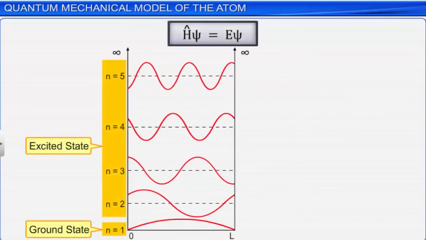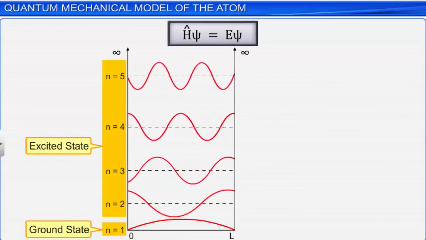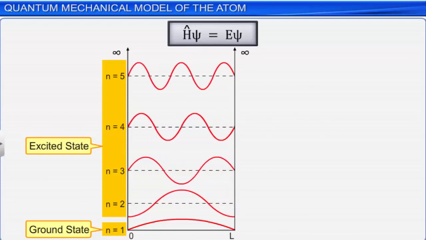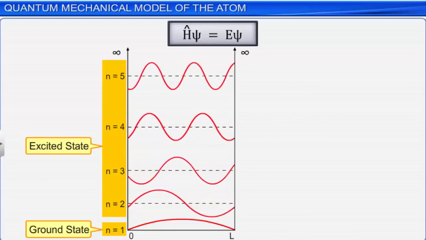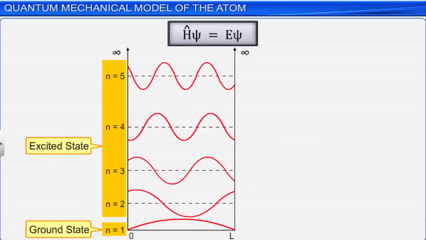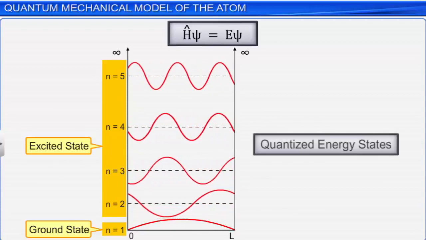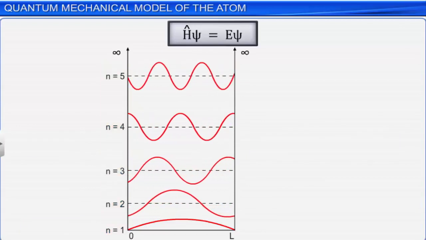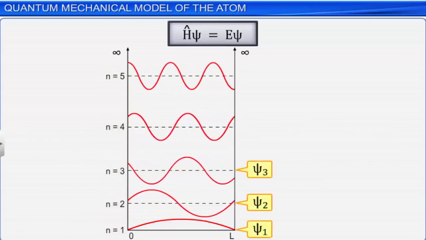When Schrödinger wave equation is solved for an electron of an atom, such as hydrogen atom, it gives the values of the possible energy levels in which the electron can move, called quantized energy states, as well as the wave functions corresponding to these energy levels.